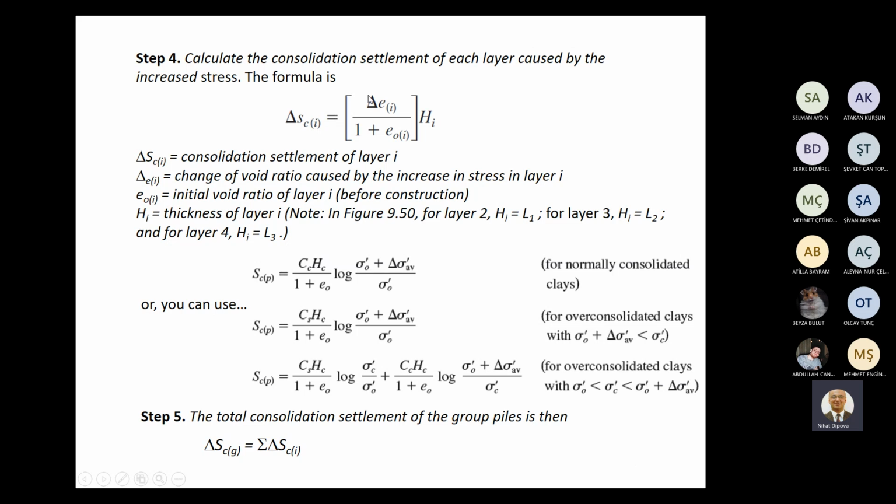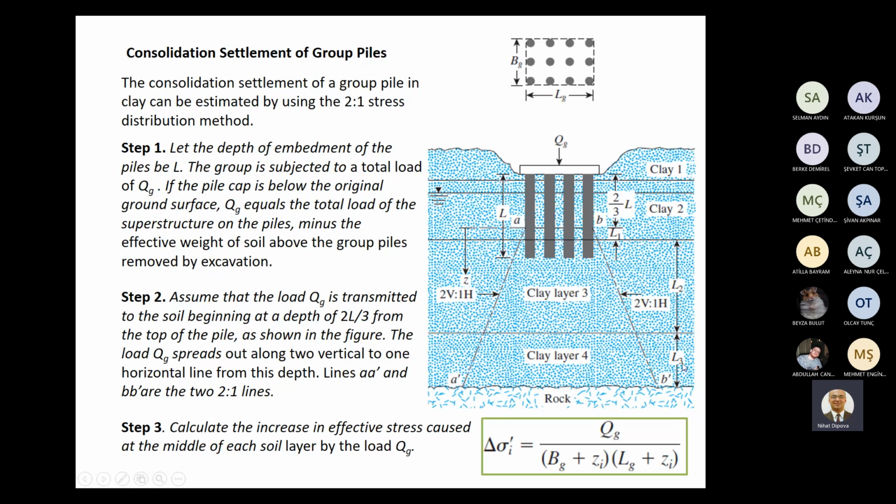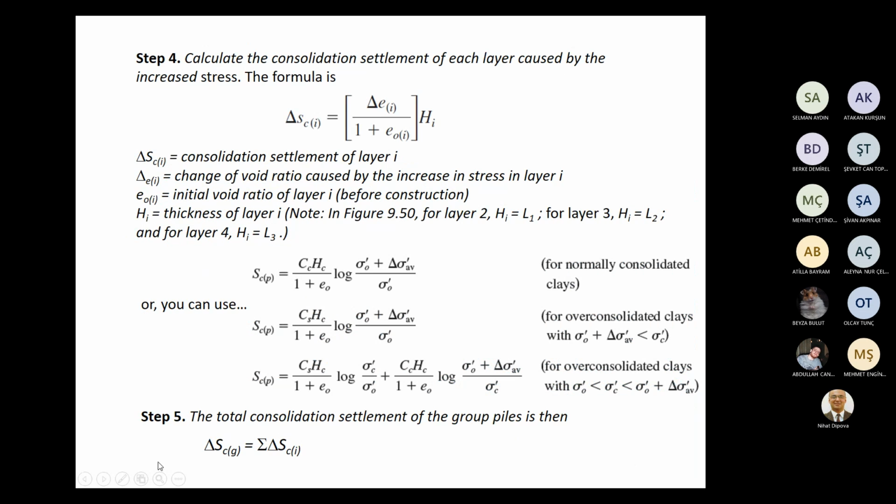Actually, these two equations are the same, just rewritten or reorganized. And the summation of all settlement values for each clay layer is equal to settlement of group, consolidation settlement of group.